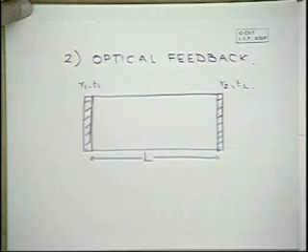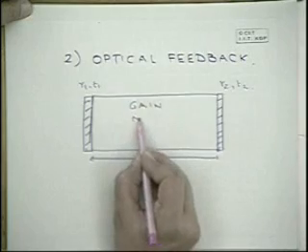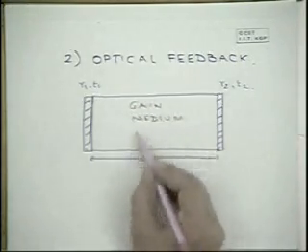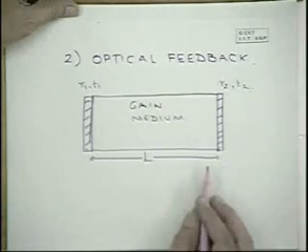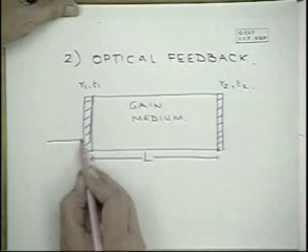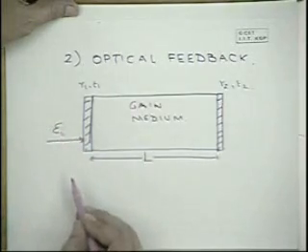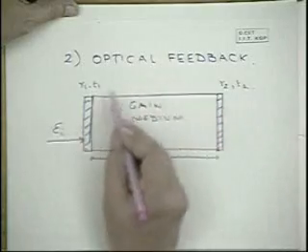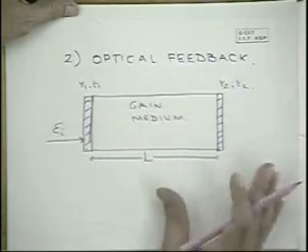This is a medium in which stimulated emission is taking place in the presence of photons. So let's assume that we have an incoming intensity EI, and we want to see under what condition this cavity sustains oscillations.